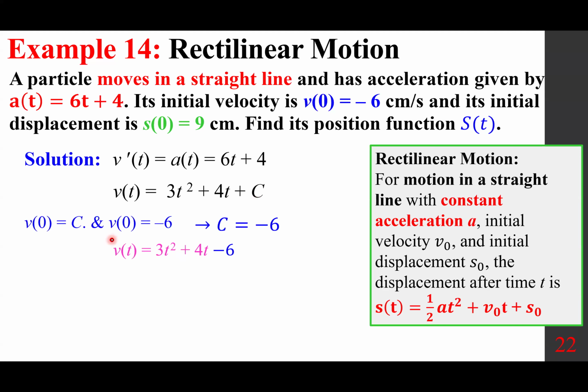And that's v of t. Again, notice if I change the t to 0, I get v of 0. This goes away, becomes c, and it's supposed to be negative 6. So that's the answer, and now we want to find s of t.